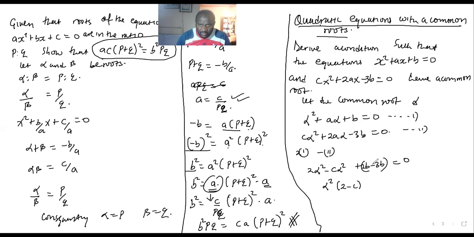This was subtraction, so this became a plus 5b is equal to 0. Then alpha squared into (2 minus c) is equal to minus 5b, so alpha squared is equal to 5b out of 2 minus c. Now get this alpha squared and substitute it back up there.